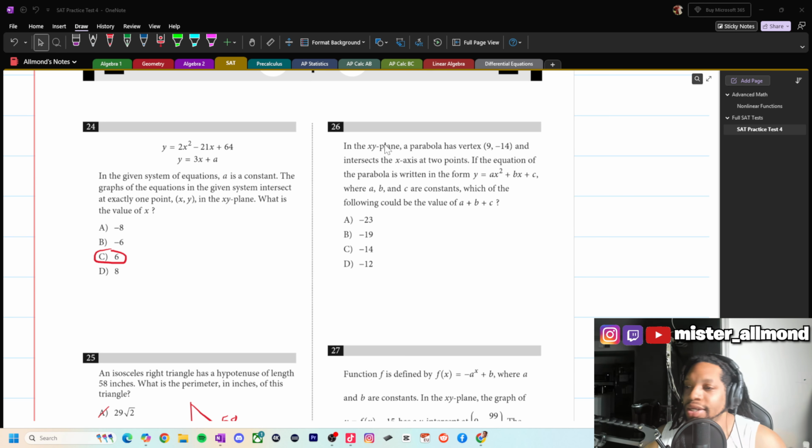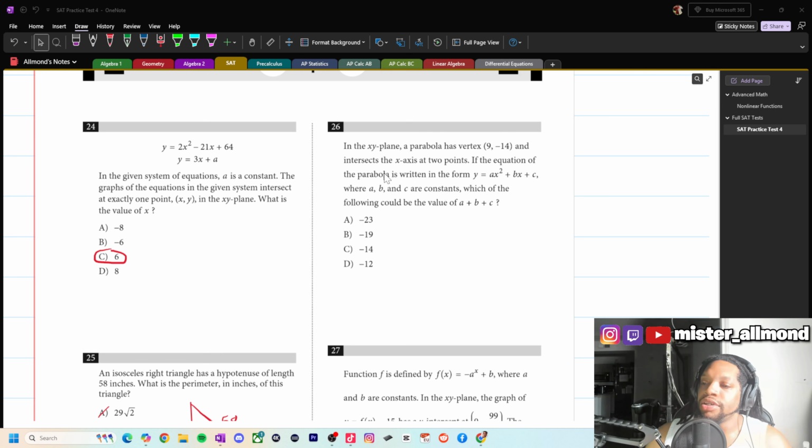In the XY plane, a parabola has vertex 9, negative 14 and intersects the x-axis at 2 points.